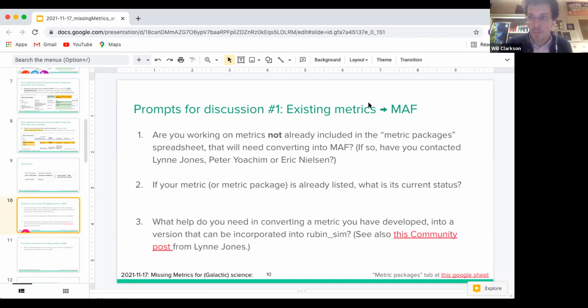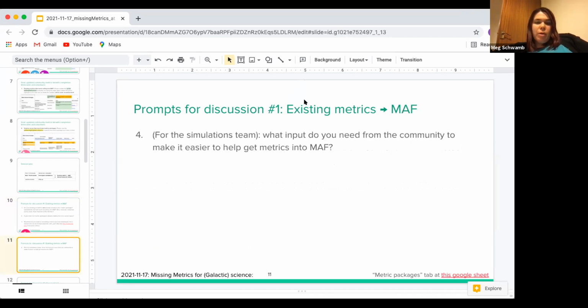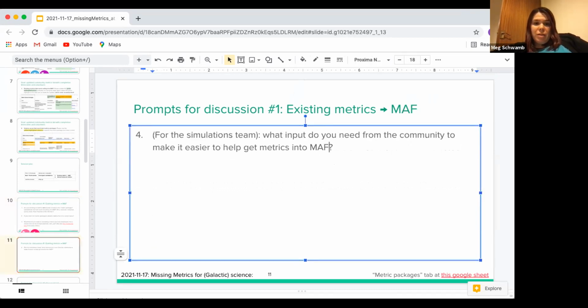Meg? Yeah, I might add a point to your prompts: do you need your metric? It's nice to have this because it can measure X, but if you have something that's a proxy that does good enough, is that enough? For example, in solar system, we're not running a comets population.